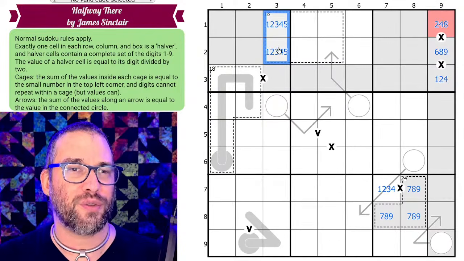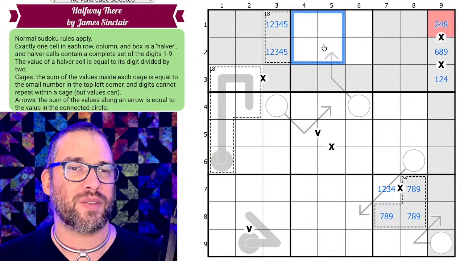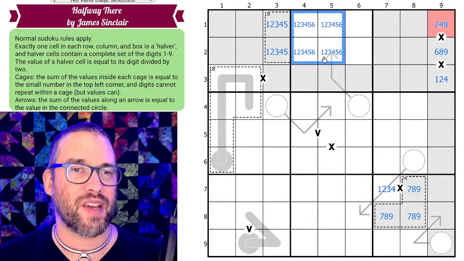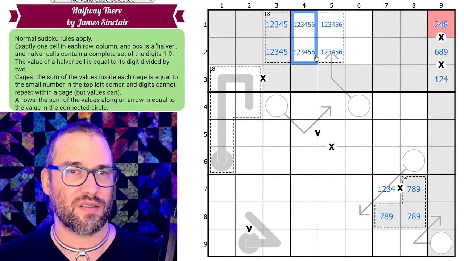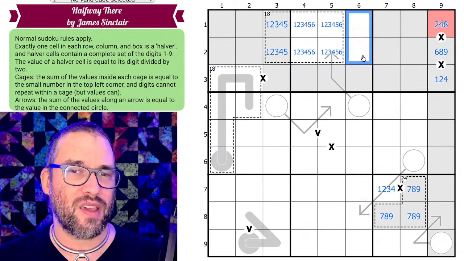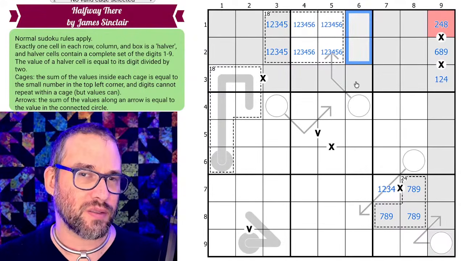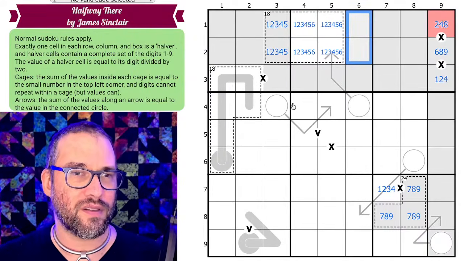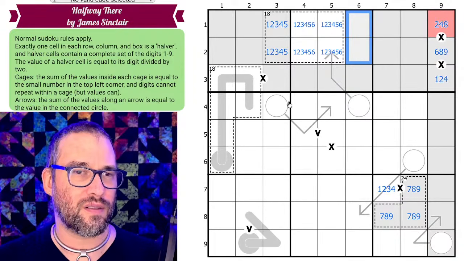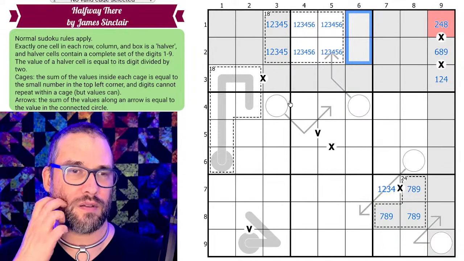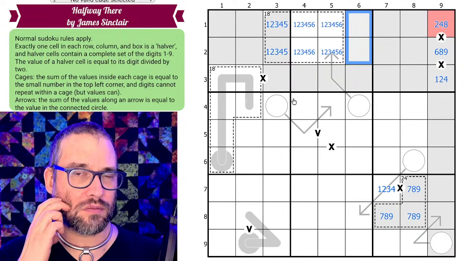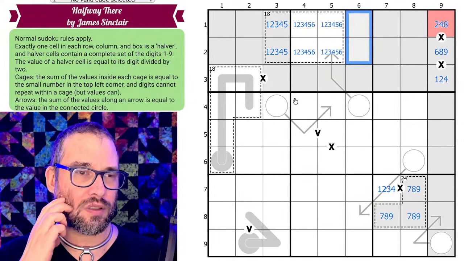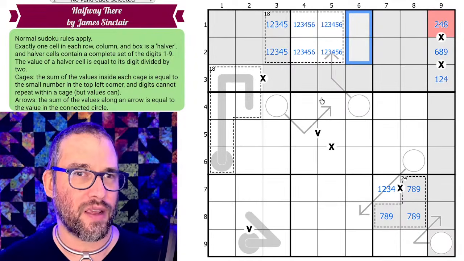Yeah, 1, 2, 3, 4, 5, and these are 1, 2, 3, 4, 5, 6. One of these is a halved 6. So these aren't halvers. Can't do a half 3.